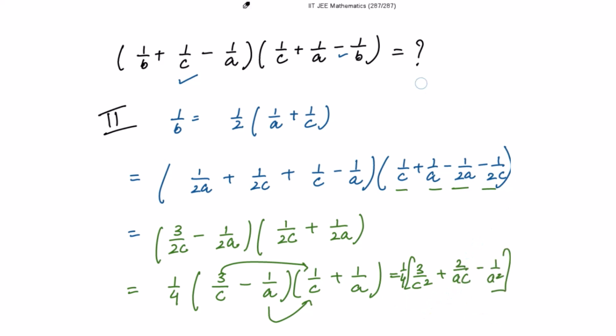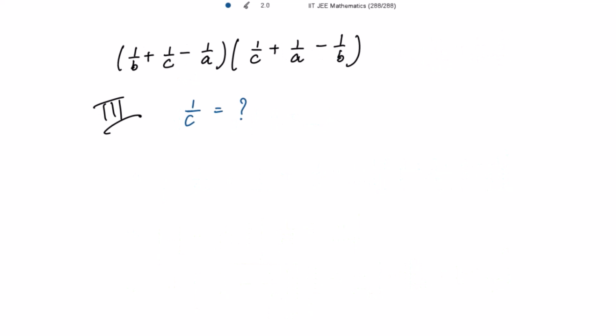So we are getting another value for this product by putting the value of 1 by b, that is 1 divided by 4 into 3 divided by c square plus 2 divided by ac minus 1 divided by a square, right?